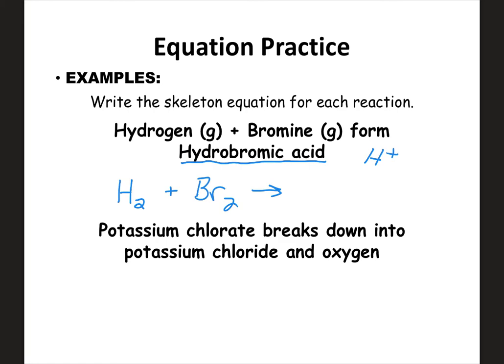And then because we said it's going to be something that ends in "ide," the root is brom, so it's going to be bromide. That's just Br. And bromine is 1 minus when you look it up on the table. So when I crisscross, hydrobromic acid is just HBr. And if you're looking at this closely, you'll see that this is not balanced. The number of hydrogens don't equal the number of hydrogens on both sides. Same thing for the bromine, but we're just doing a skeleton equation here. So that would be the basic skeleton equation for that reaction.